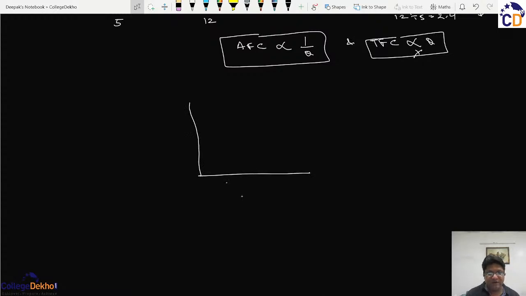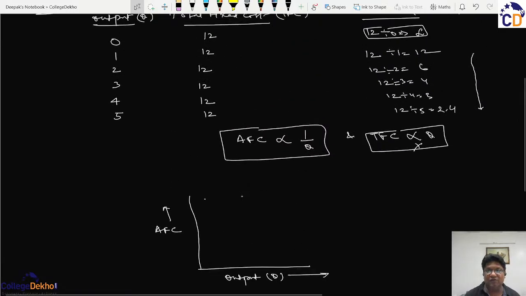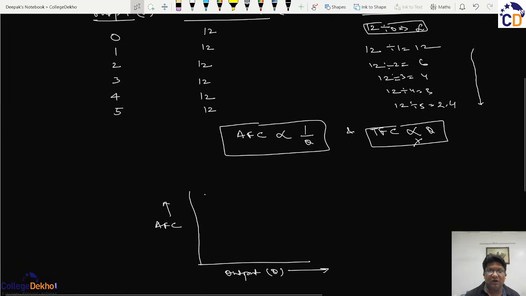So if we draw a graph where we take the output, that is the quantity, on the x-axis, and we take the average fixed cost on the y-axis, then you will feel that because it cannot start from zero because the figure is infinite, it will start somewhere from a figure of, say, 12, as the output is zero and the average fixed cost is high, and it will keep on decreasing.